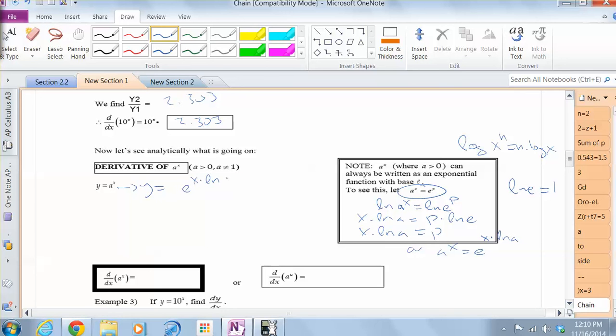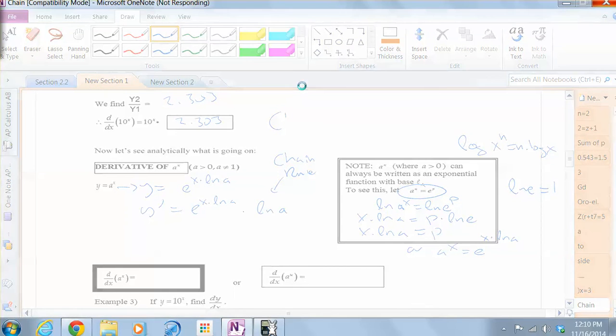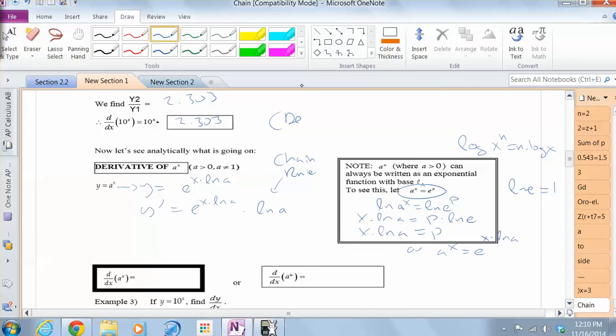So y prime, if I do what I did earlier, is just e to the x times ln a, but then times the derivative of our exponent, which will just be ln a. Remember, ln a is just going to be a constant. So again, this right here is just using the chain rule, the derivative of x times natural log of a.